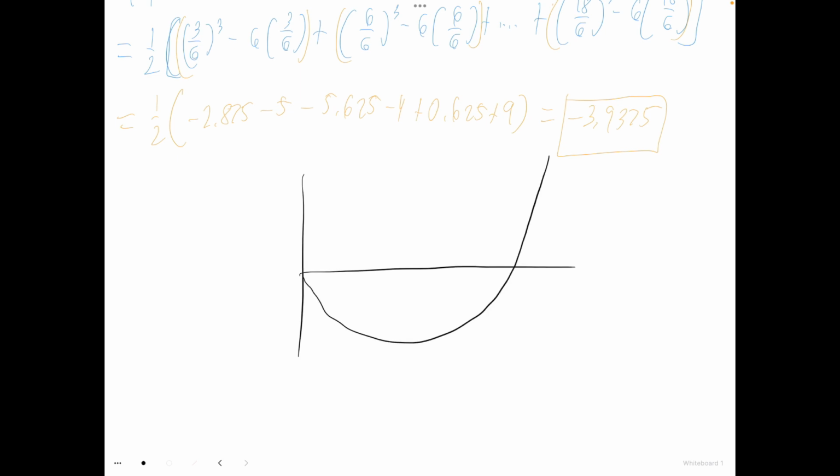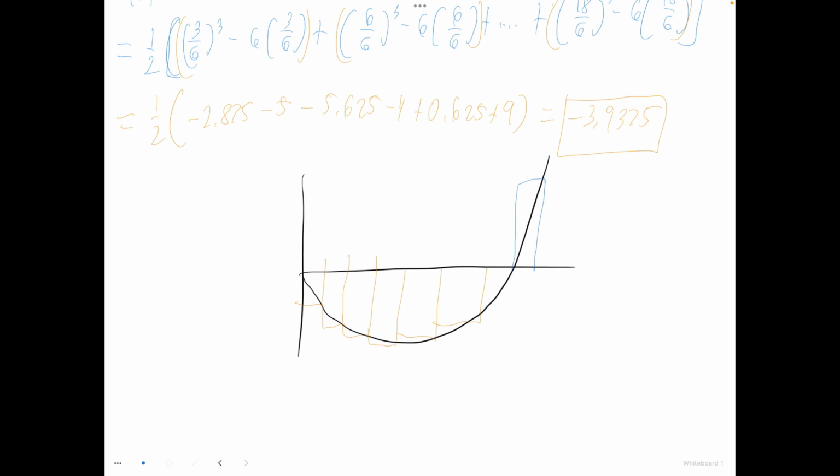The graph looks like the following. And so when we actually draw these rectangles, what's happening here is we find that there is just more area underneath the curve than above the curve. Okay, and I drew 7 rectangles instead of 6.